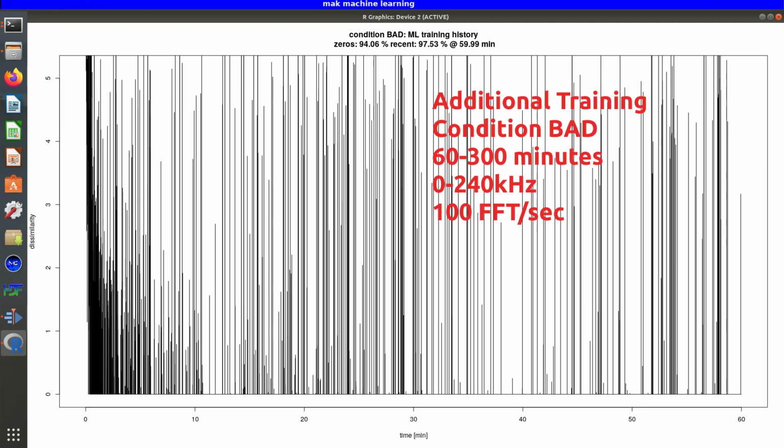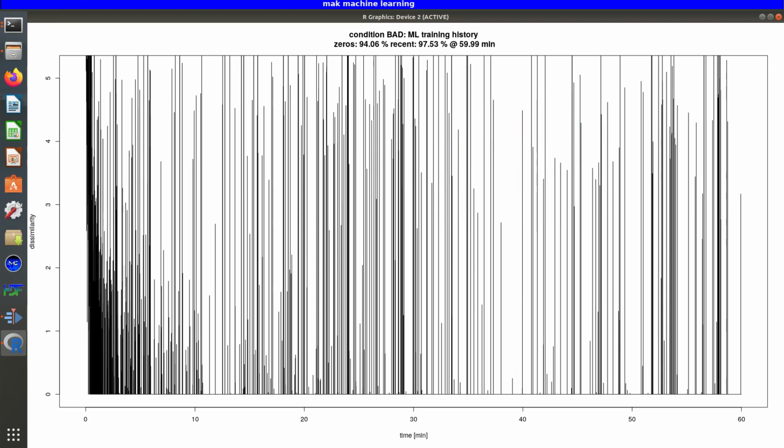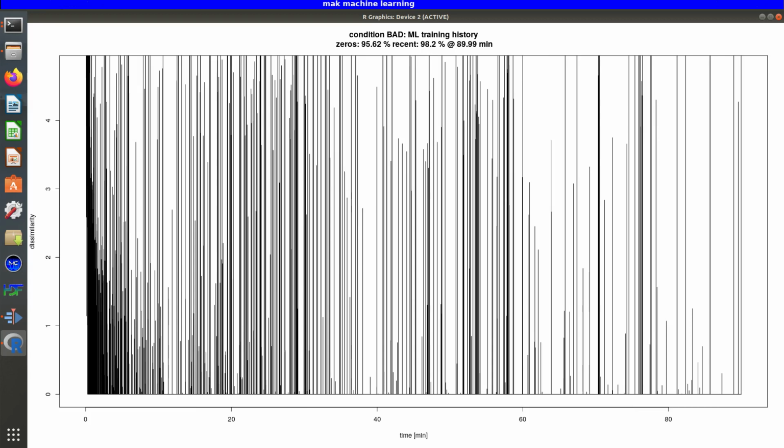Now let's look at the history of training for condition bad, which results in a total training time of 300 minutes. Note that even after many minutes of training, surprising dissimilarities may be detected by the trainer due to changed behavior of the machine.